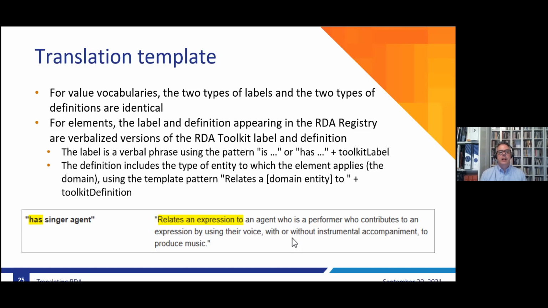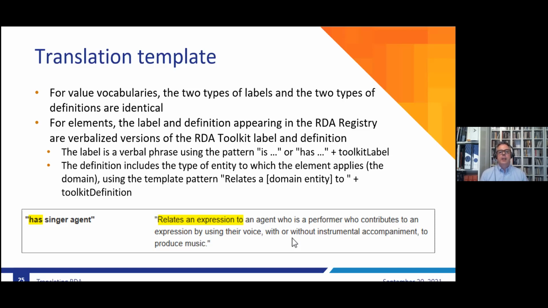For instance, for vocabulary values, the two types of labels and the two types of definitions are identical. So, once you have translated one label and one definition, translating the other is just a matter of copying and pasting. For elements, the label and definition appearing in the RDA Registry are different, but they are verbalized versions of the RDA Toolkit label and definition.